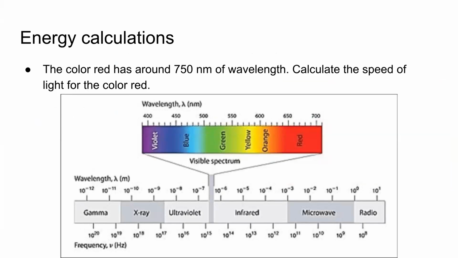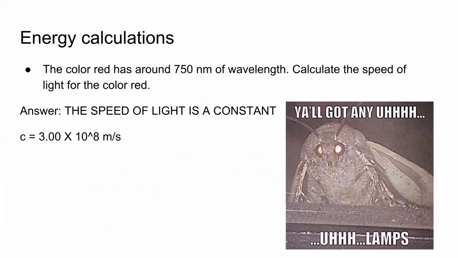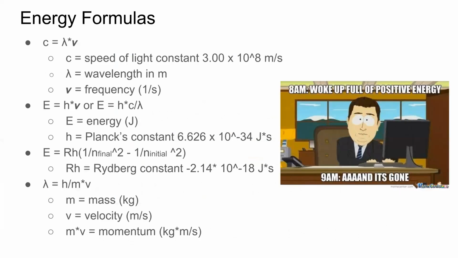All right, some energy calculations. The color red has around 750 nanometers of wavelength. So how do you calculate the speed of light for the color red? Well, you can use the equation c equals wavelength times frequency.